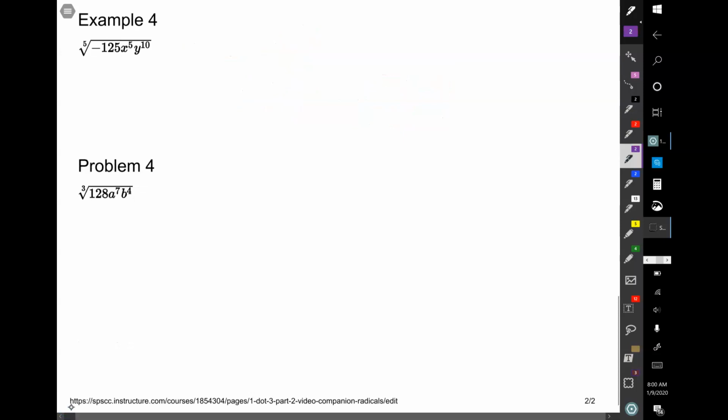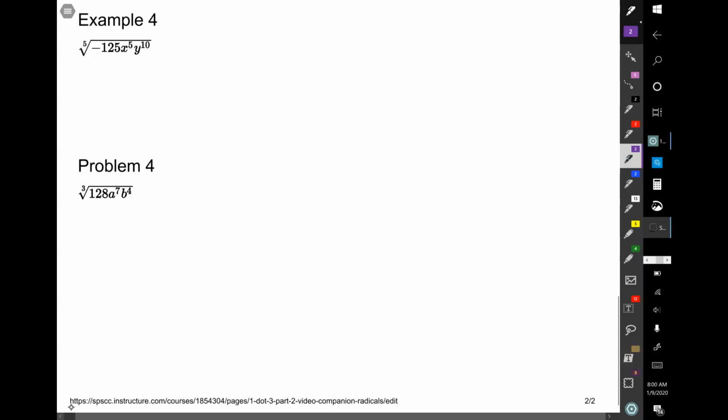Okay, in our next example, we have a 5th root. So this is example 4, 5th root of radicand negative 125, x to the 5th, y to the 10th, which is okay to have a negative there because we have an odd index.